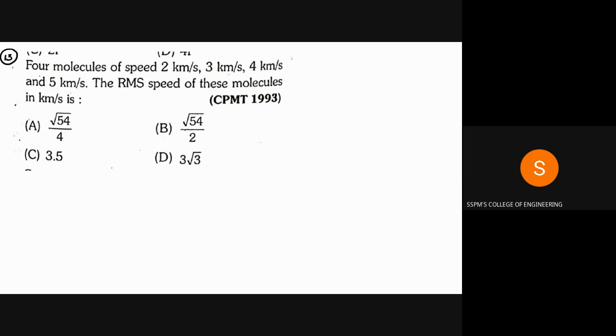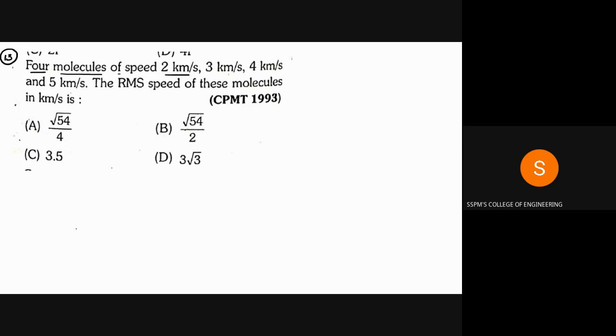Refer the next question. 4 molecules of speed 2 km per second, 3 km per second, 4 and 5. The RMS speed of these molecules in kilometer per second is.